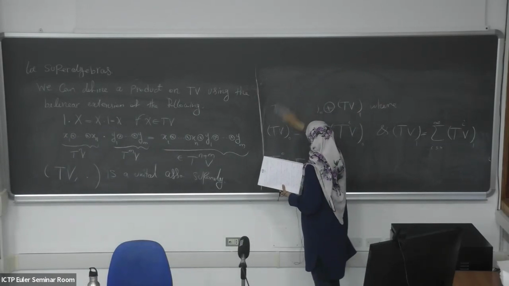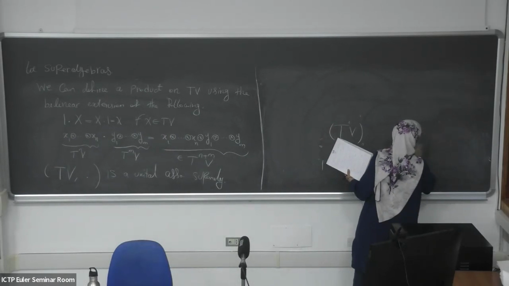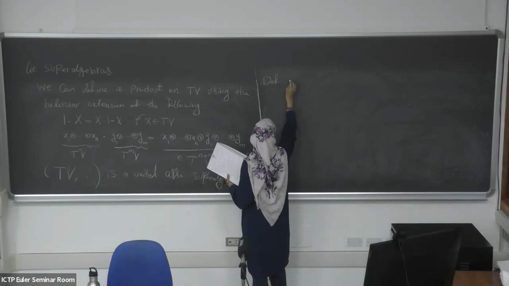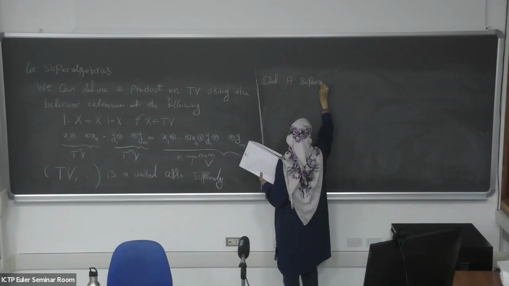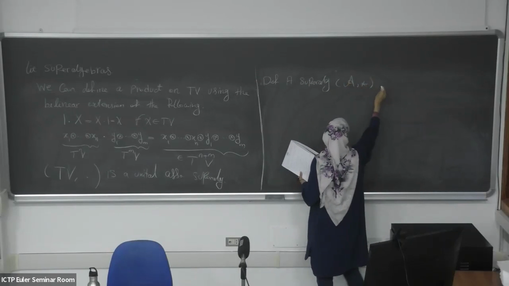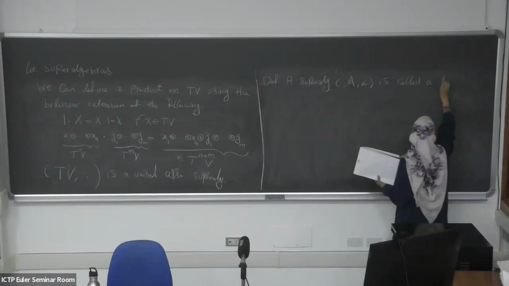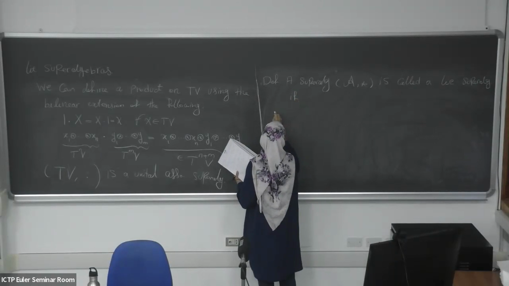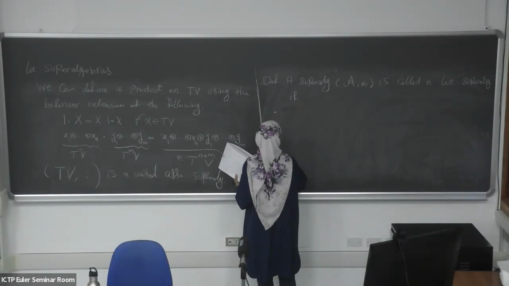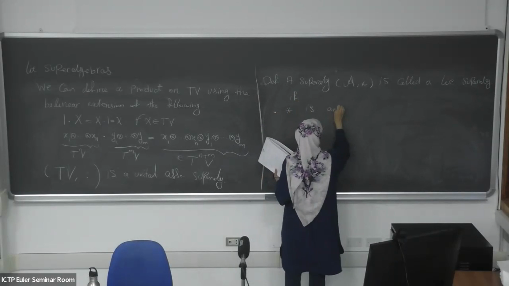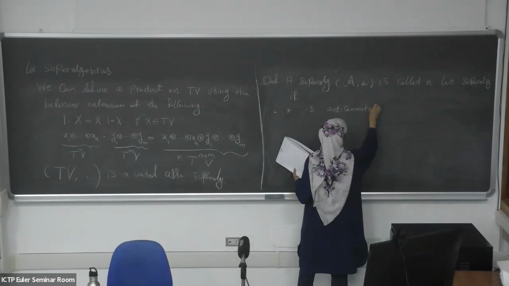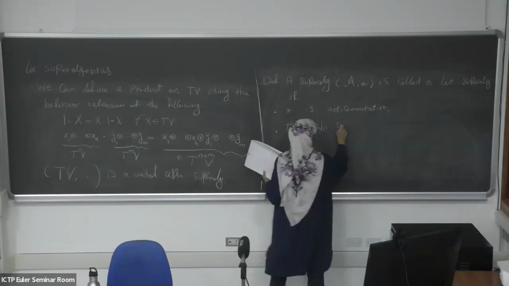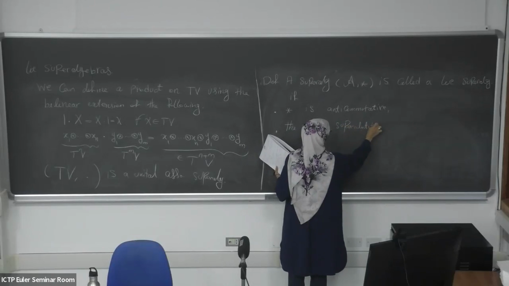Let's look at another definition. A superalgebra A with product star is called a Lie superalgebra if the star is anti-commutative and the Jacobi superidentity is satisfied.